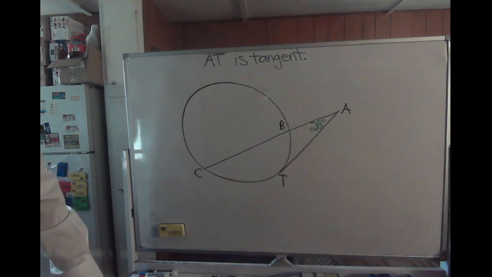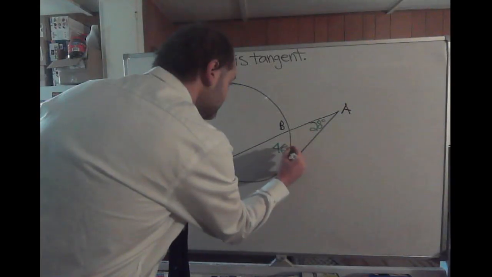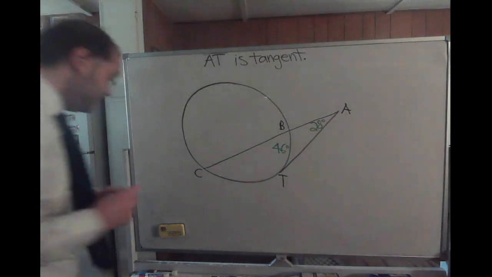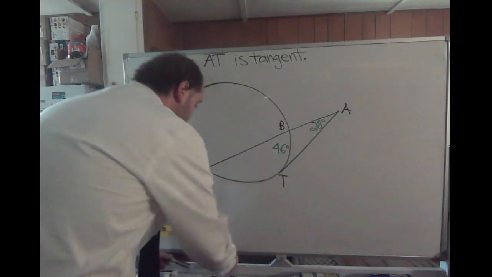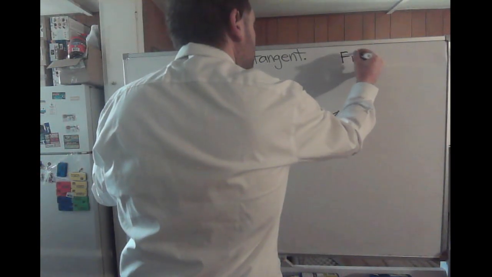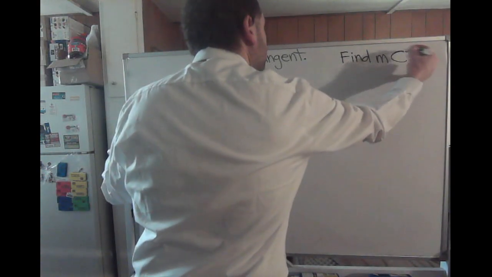Let's see, measure of arc BT is 46 degrees. We need to find arc CT. So find the measure of arc CT.